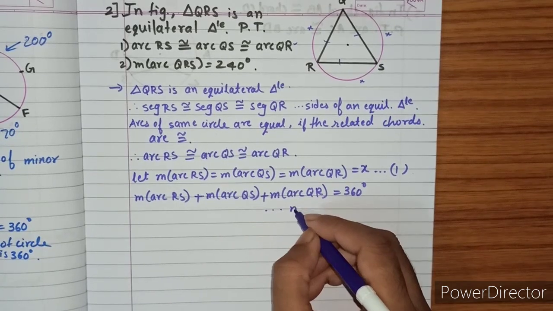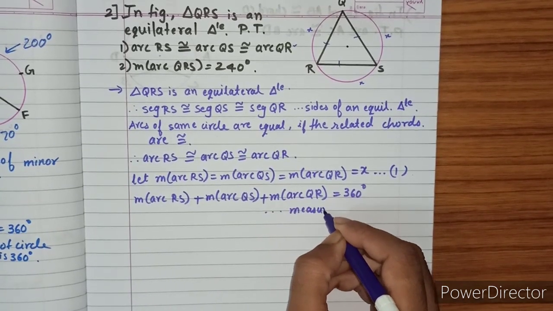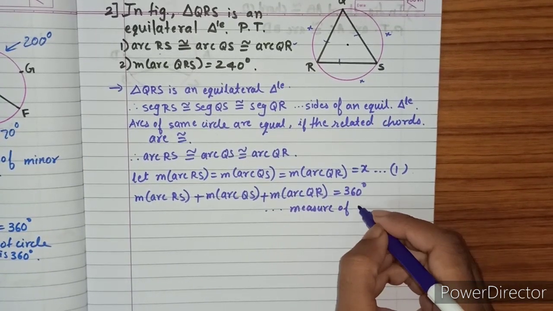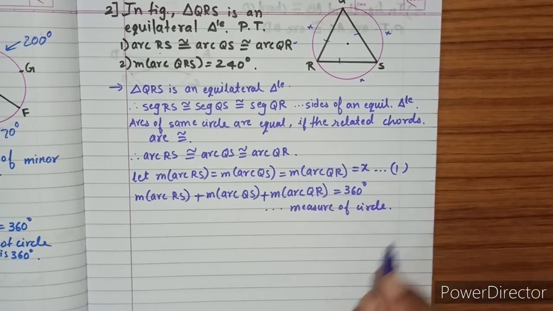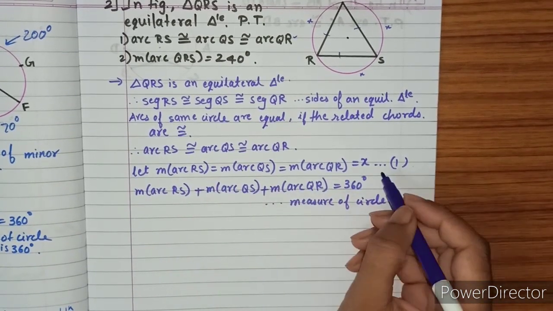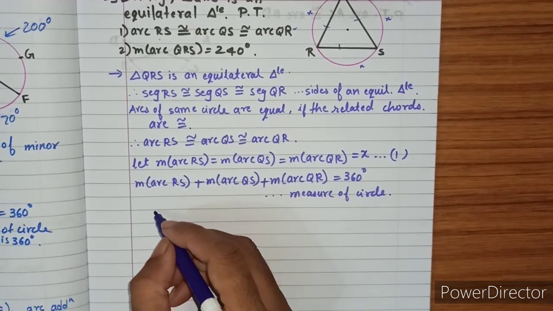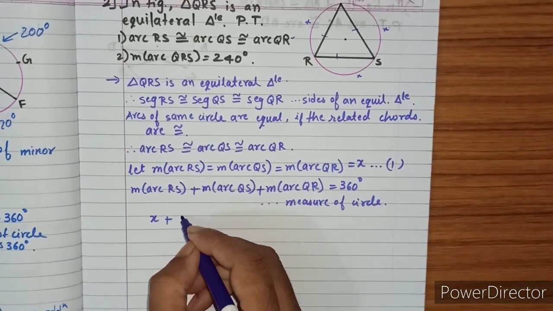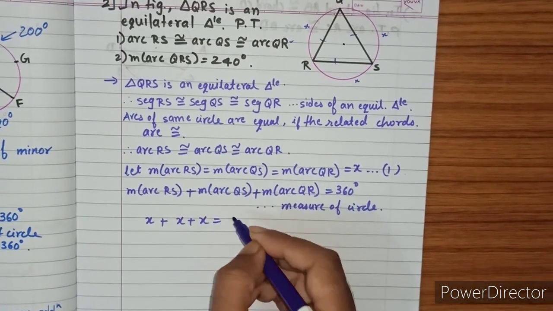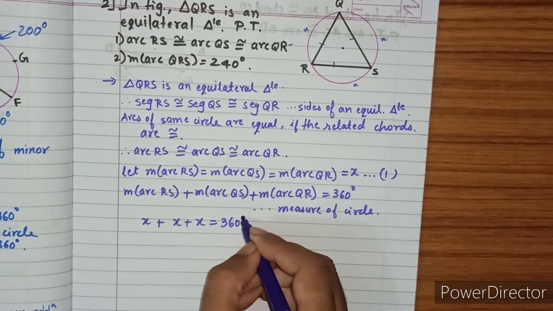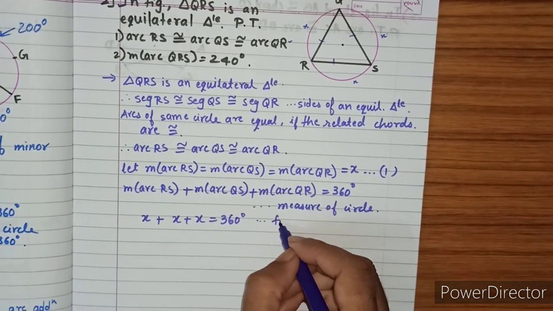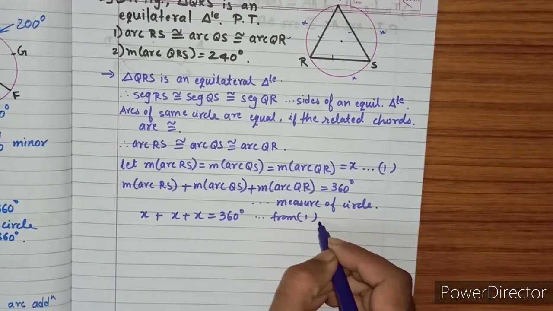Why? Because it is the measure of the circle. Now let us substitute this value x. We have considered x plus x plus x gives you 360. Write down here from 1.